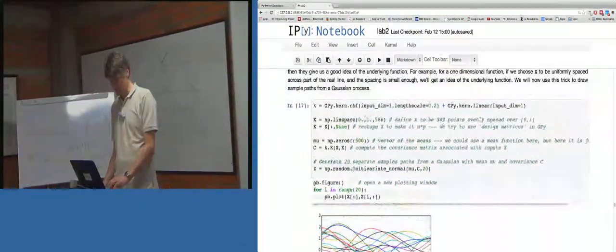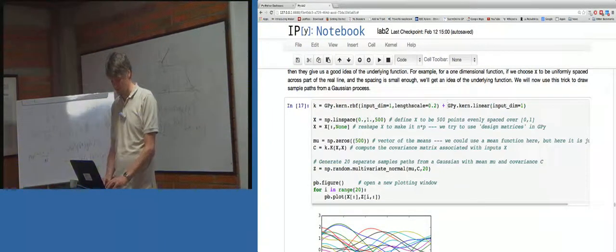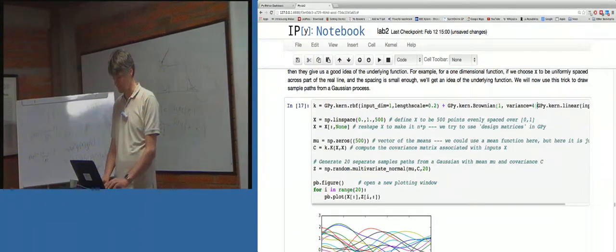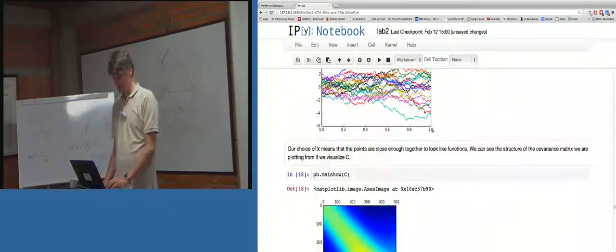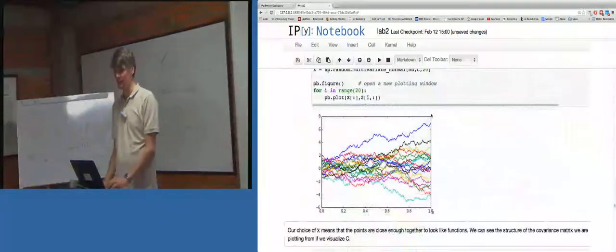So if I wanted Brownian 1 comma v, yeah, so then I get the Brownian motion.